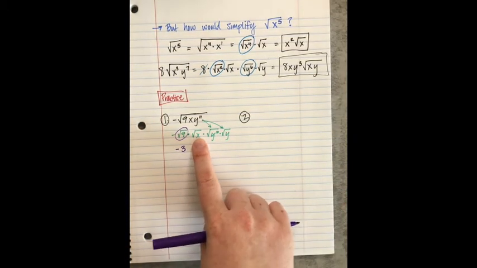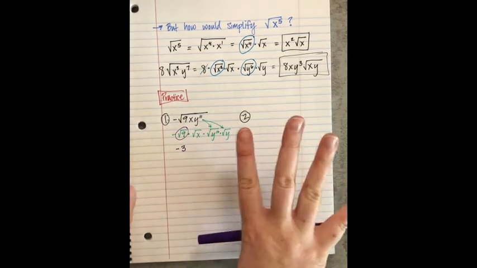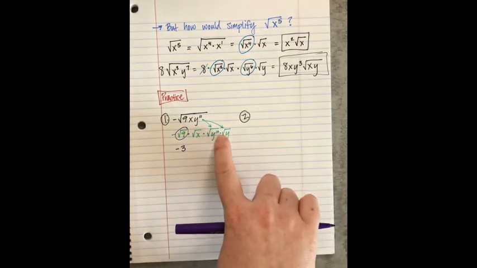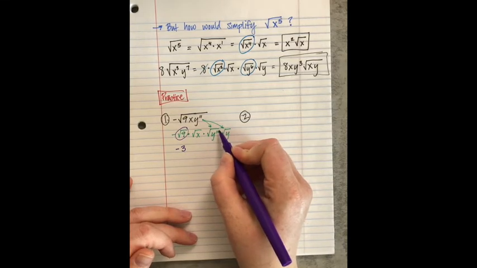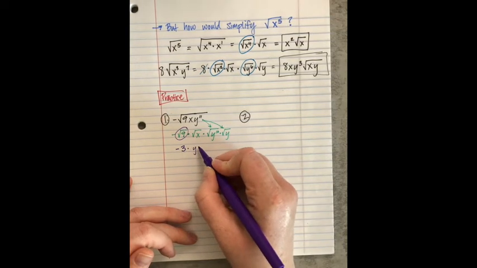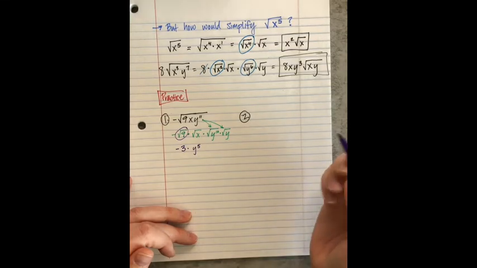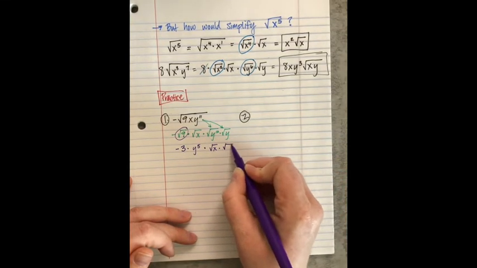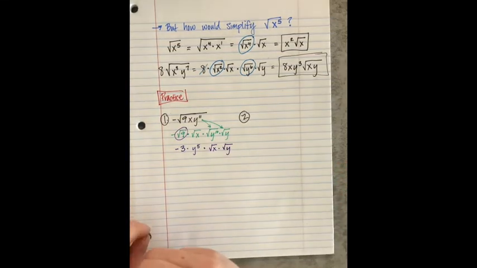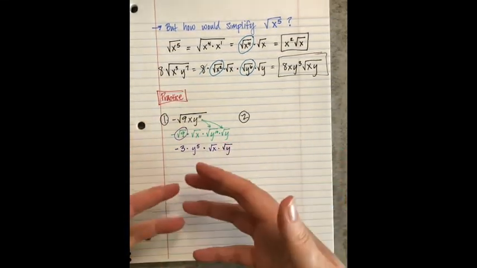The square root of x, well, x isn't a perfect square. I'm going to skip that for now. Y to the 10th is a perfect square variable. So the square root of y to the 10th is y to the 5th. And then I'm left with radical x times radical y. Now for our final answer, we're going to shove things together.